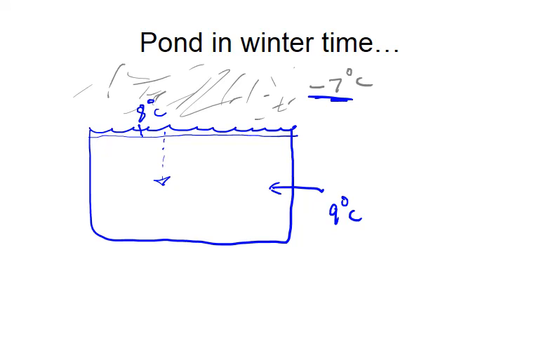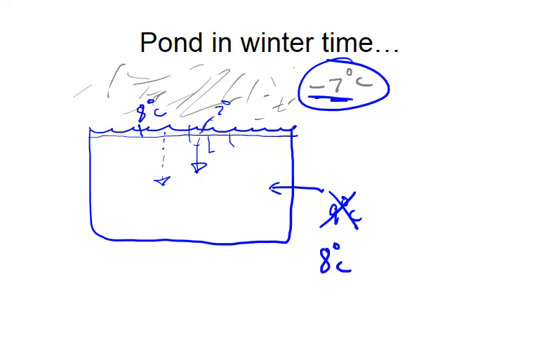Eventually the 9-degree water will come up and turn into 8, and the whole pond will become 8 degrees. Once the whole thing is 8 degrees, if it's still cold outside, the top layer will become 7 degrees, and that 7-degree water will sink, and the 8-degree water will come up and turn into 7. So then the whole thing becomes 7.